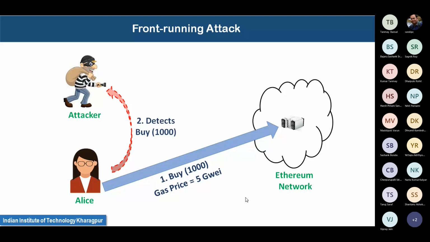Then when the bulk purchase takes place by the company, which might be buying thousands of shares, and the prices go up, this person will sell the shares and make a profit, because it got this kind of front running: before that transaction took place, it carried out its own transaction.